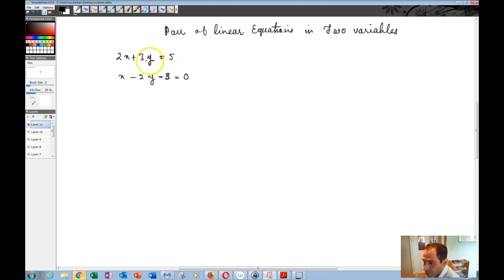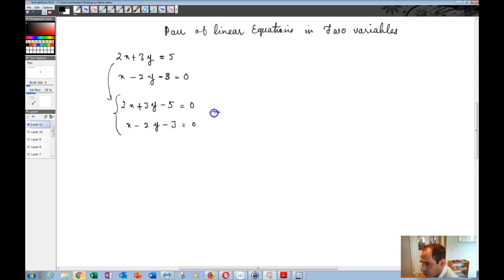The general form of these linear equations in two variables would be 2x plus 3y minus 5 is equal to 0, and the other is already in general form, x minus 2y minus 3 is equal to 0.